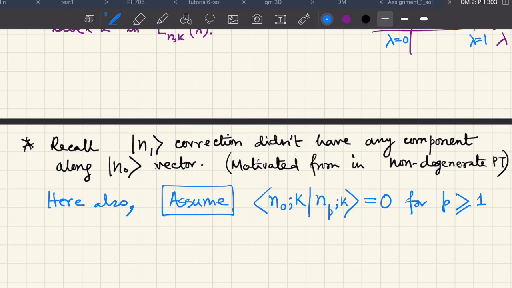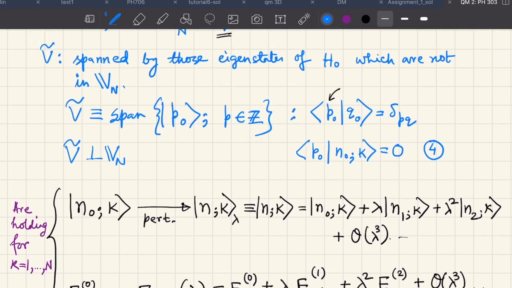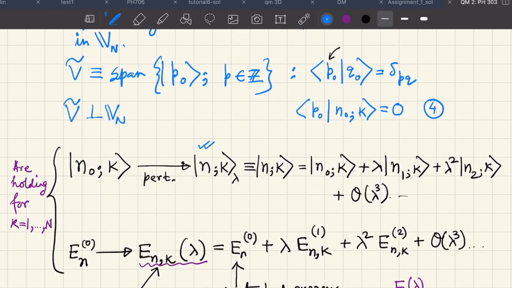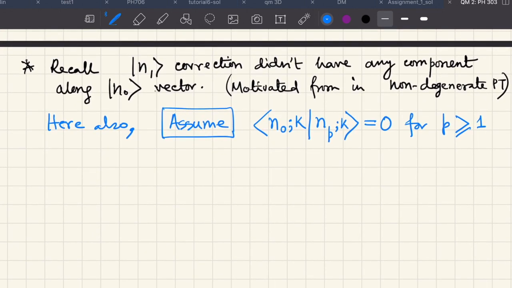That is, in the expansion of the state that I have written here, look at this thing. This vector n1k does not have any component along n0k. Similarly, n2k does not have any component along n0k. So this is the assumption that we are making, and this is, as far as we know, not affected by whether the state is degenerate or not. It does not matter. So here also our assumption will be that n0k and npk is equal to 0.